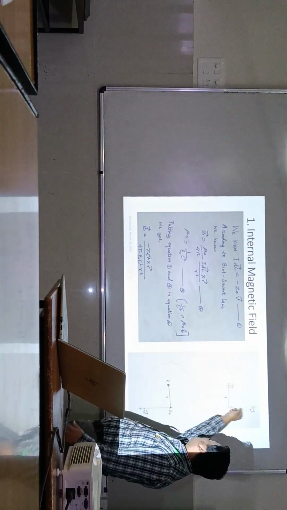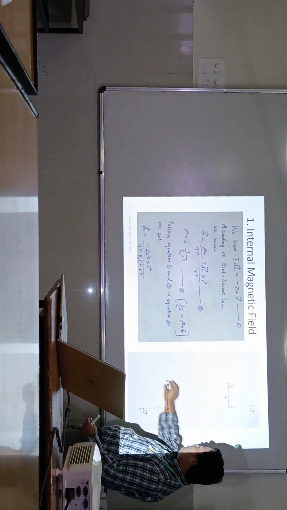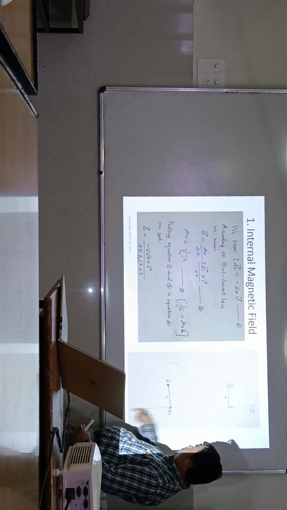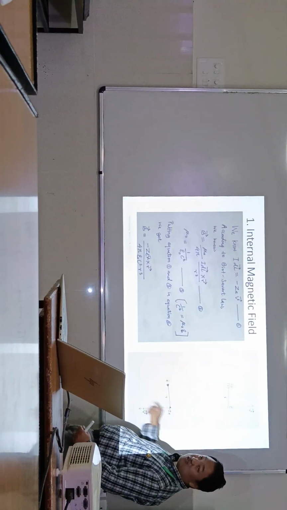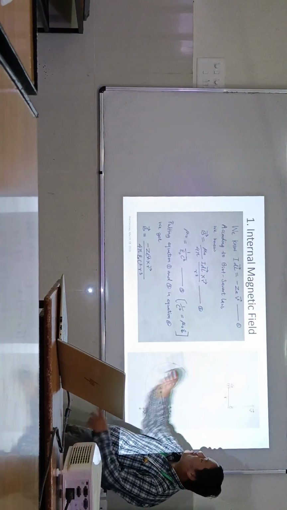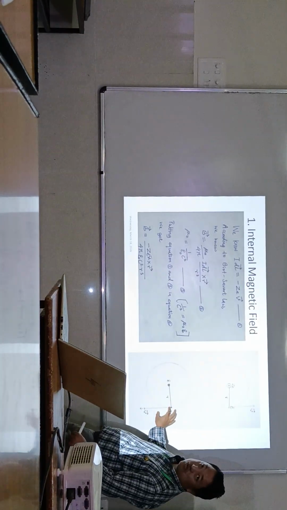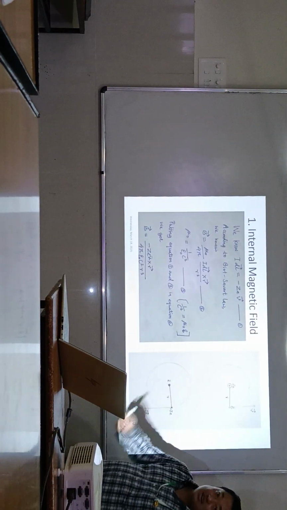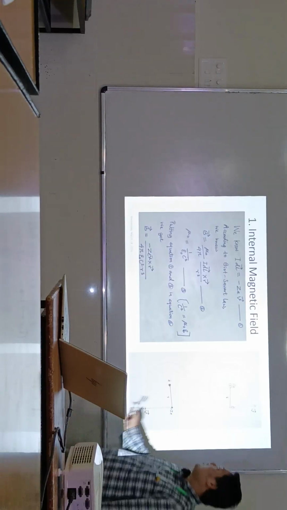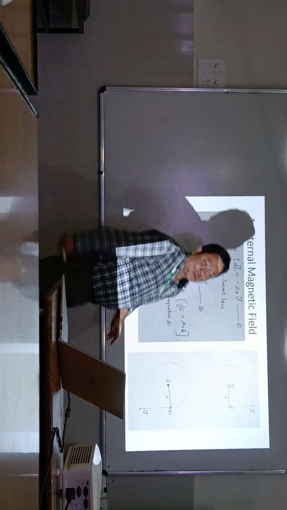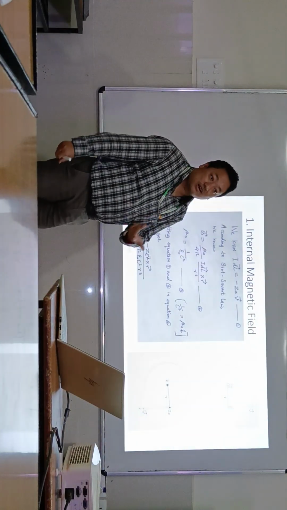So the electron is moving in this direction. If we take the electron and fix it, then the nucleus will move in the opposite direction. Since the nucleus doesn't spin, we can calculate the internal magnetic field using the nucleus. We know that when charged particles move with some velocity, they produce current.